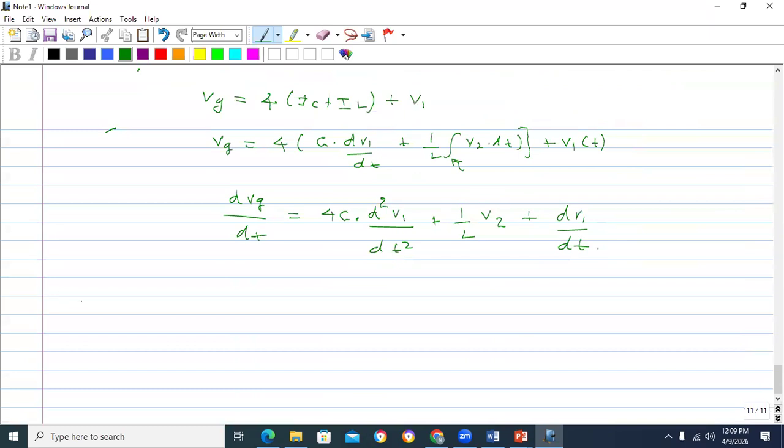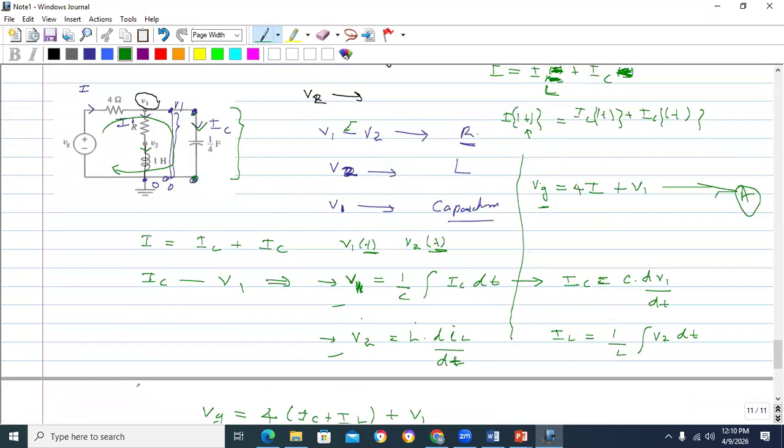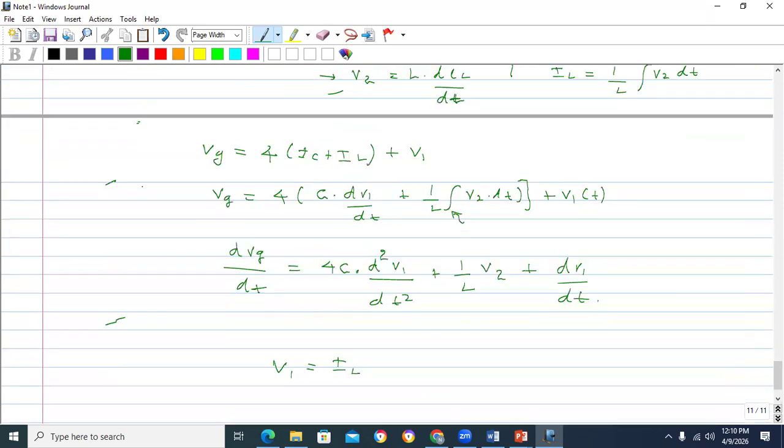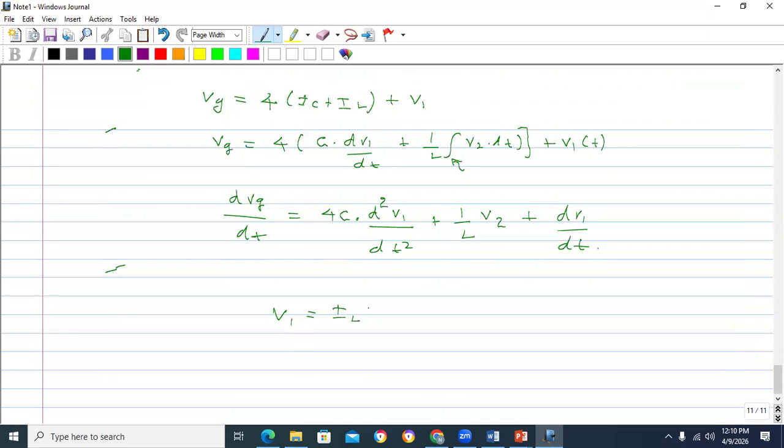You know that V1 is equal to the inductor current IL times R plus V2. This is okay, no? So you can write this V2 as V1 minus ILR.